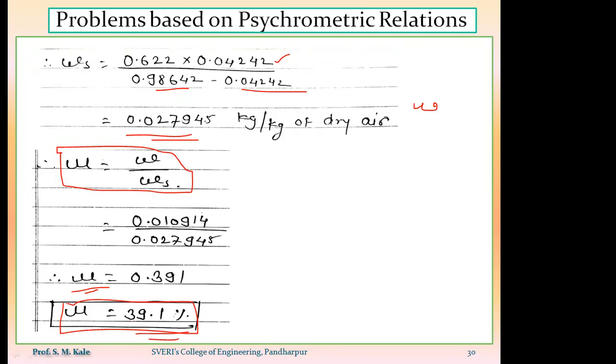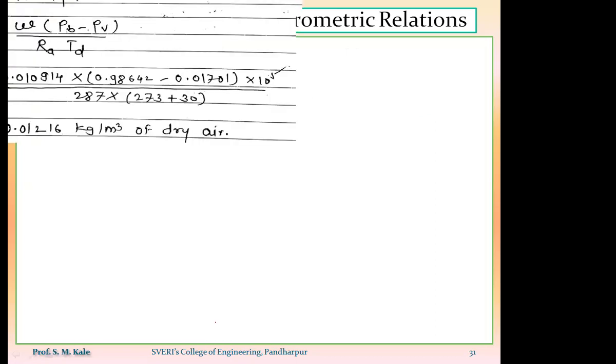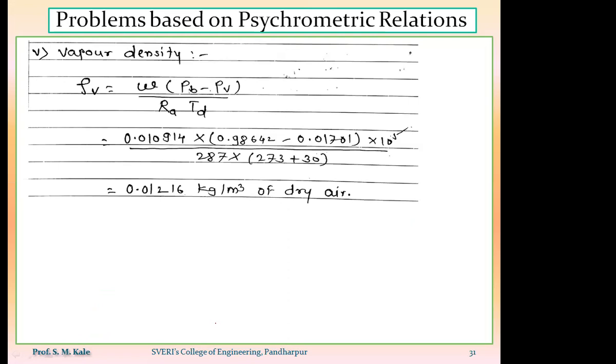After getting the value of mu, now I have to find out the value of rho v. To calculate the value of rho v, we are knowing the formula. Rho v is given by equation W, that is specific humidity.